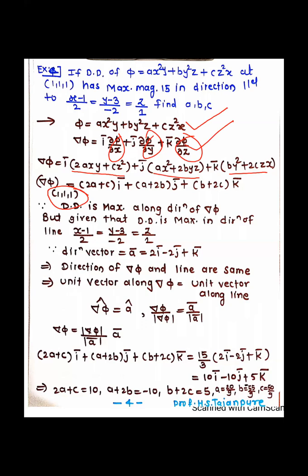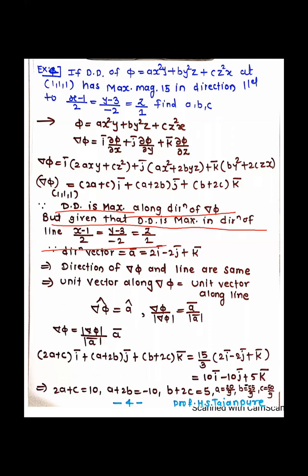You will get this vector, which is the vector del phi. Again, write the property that dd is always maximum in the direction of vector del phi. But it is given that dd is maximum in the direction parallel to this line. So along this line, this is the direction vector.